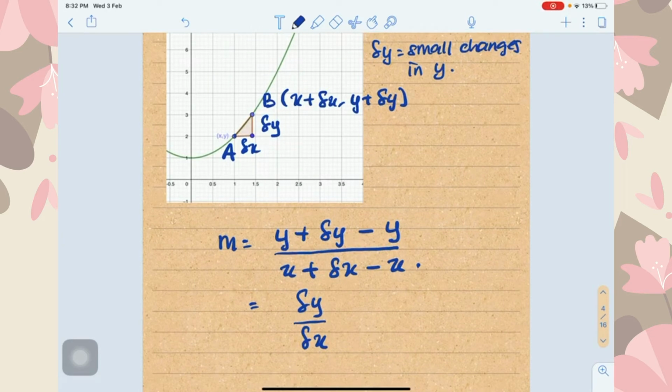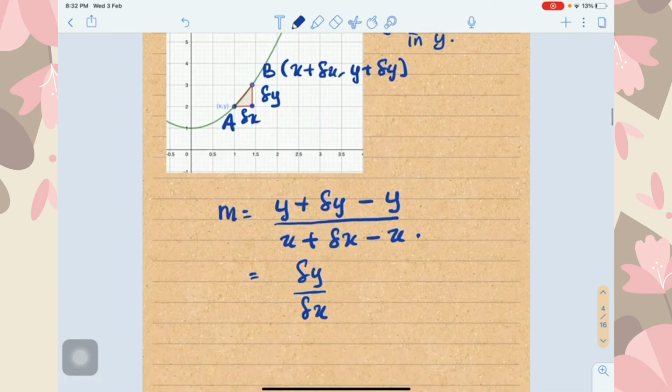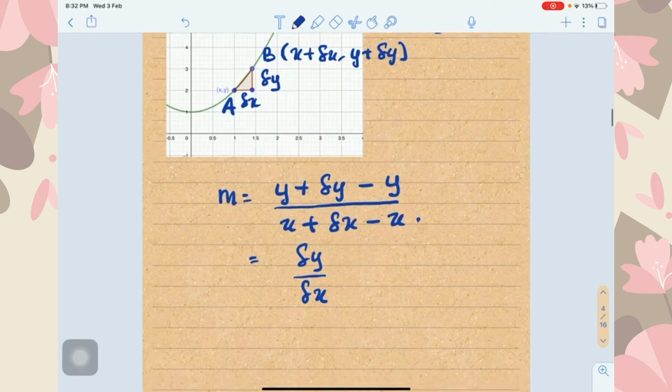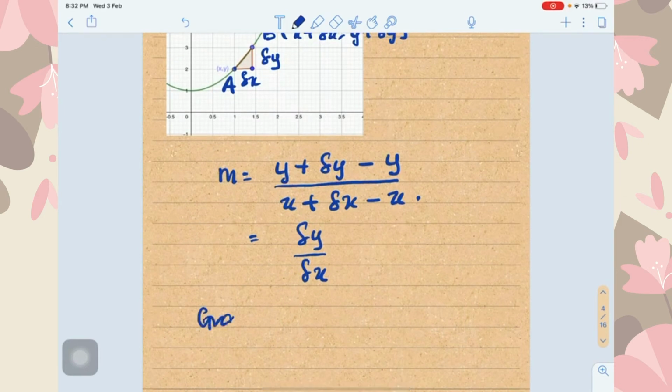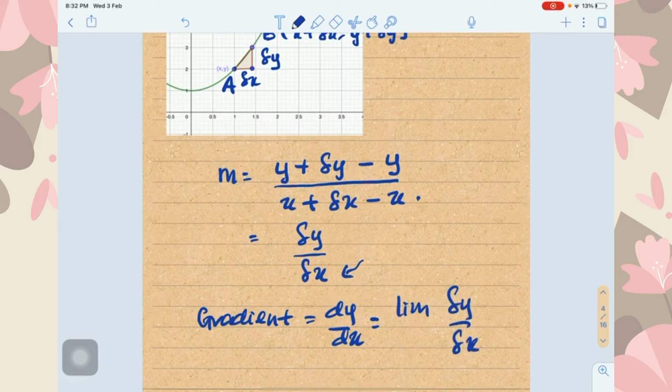So we have to choose the smallest value, when delta x approaches 0. So this one becomes the gradient dy/dx, which is the limit of delta y over delta x when delta x approaches 0.